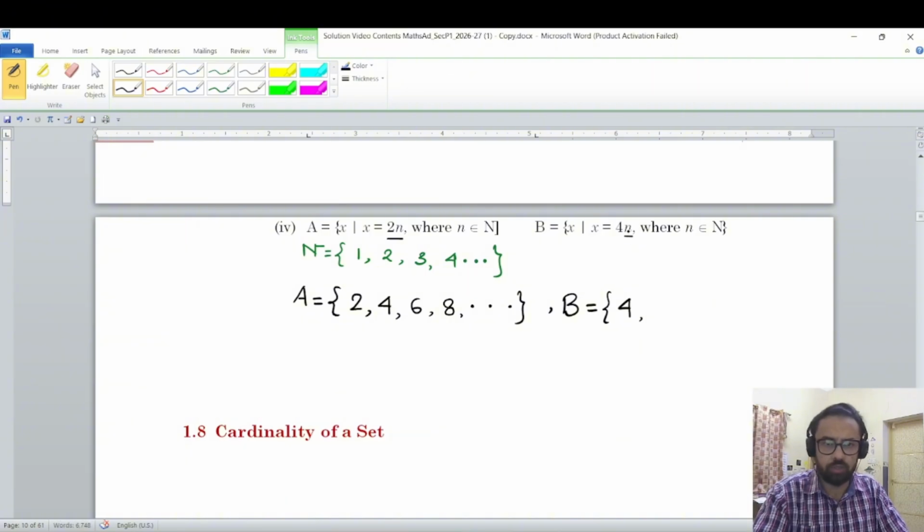If you choose n equal to 2, then 4 multiplied by 2 is 8, so the next element will be 8. If n equals 3, then 3 multiplied by 4 is 12. So the elements are 4, 8, 12, and the next element, with n equals 4, is 16, and so on.